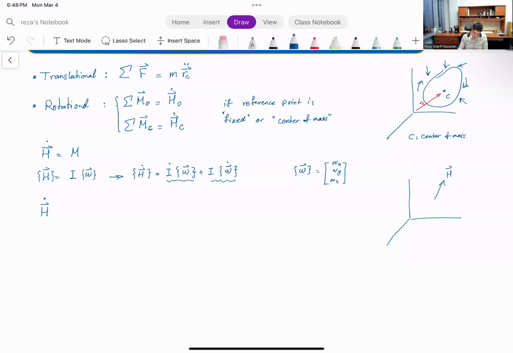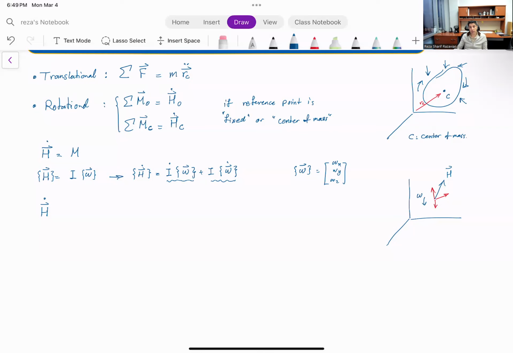What I can do is the same trick that we have been using many times before when we had a vector. I can consider an intermediate frame that is rotating with some rate omega, and first find the derivative of h with respect to this moving frame, and then add the effect of the rotation of the frame itself.